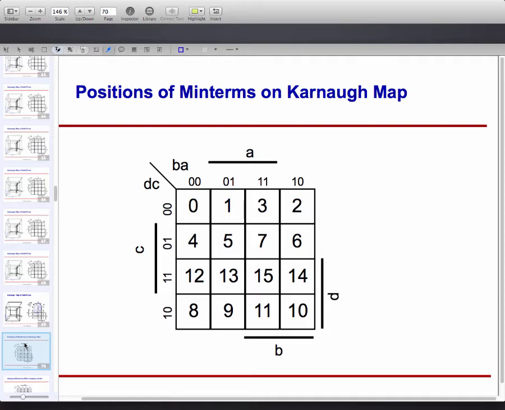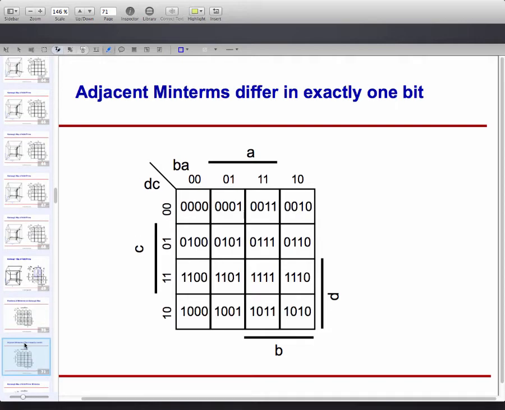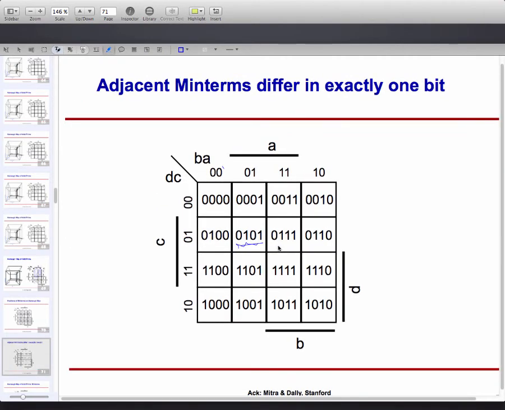So positions of minterms on the Carnot maps, they basically correspond to what were in faded letters earlier on. Adjacent minterms are different only in one bit, so we saw that property. So like if I look at this guy and this guy, they differ in one bit only.